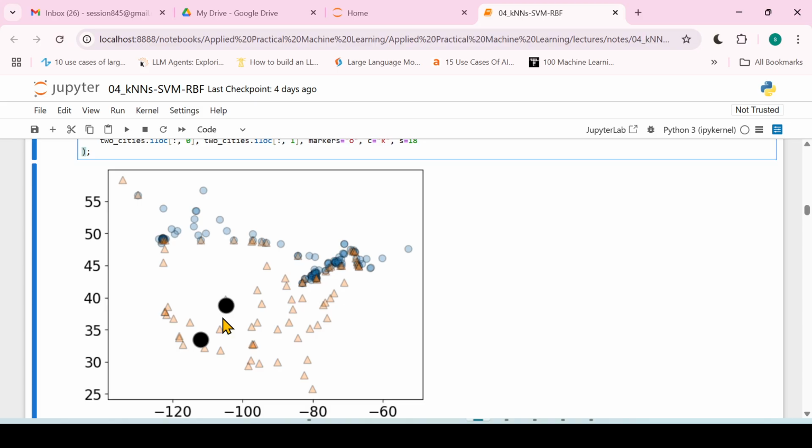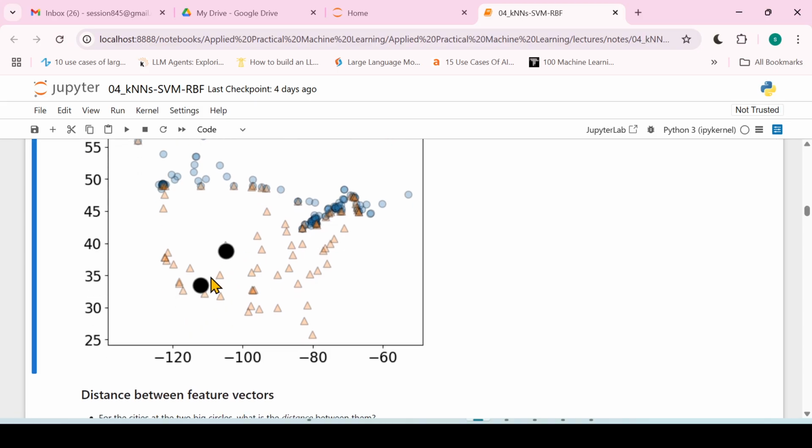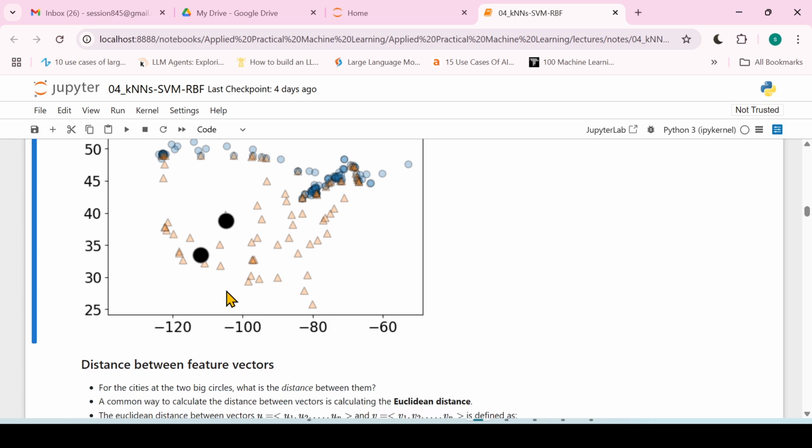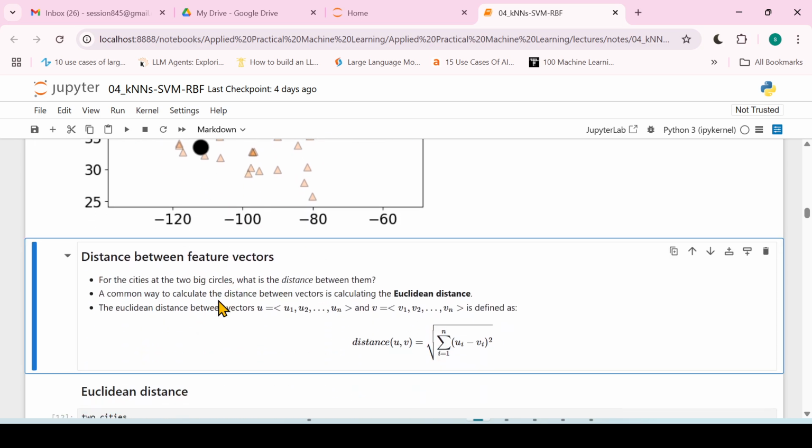If the distance between both data points is low, then we'll have very high similarity, right? So how do we calculate the distance between these two data points? We can use the Euclidean distance, right?